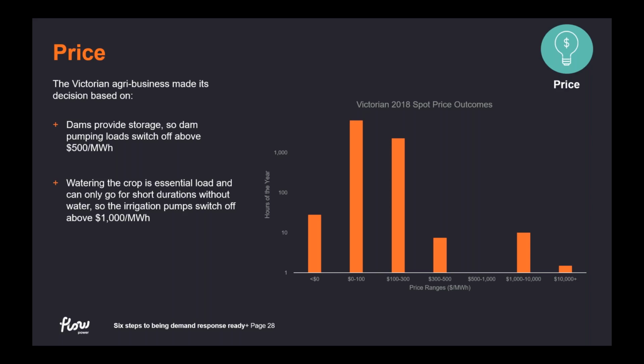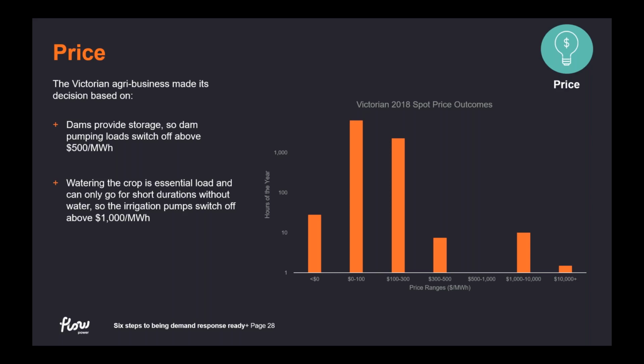I actually spoke with a customer yesterday that had a price point as low as $100 a megawatt hour. So they're basically alerting their staff to those lower price points, making a call on yes or no based on what's going on the day, and then above $300, they've got a firm no, we turn off kind of thing. So it'll vary company to company, and each company can have multiple price points as well.